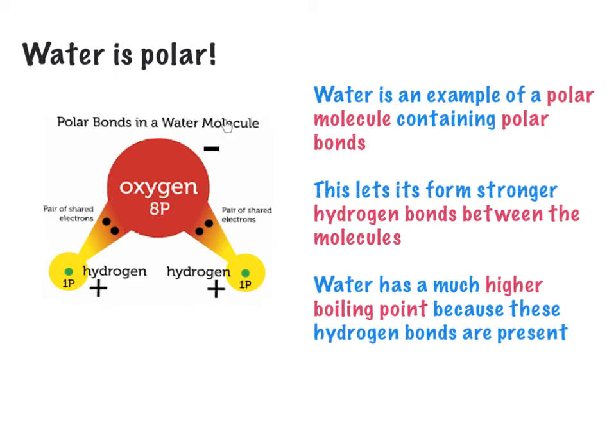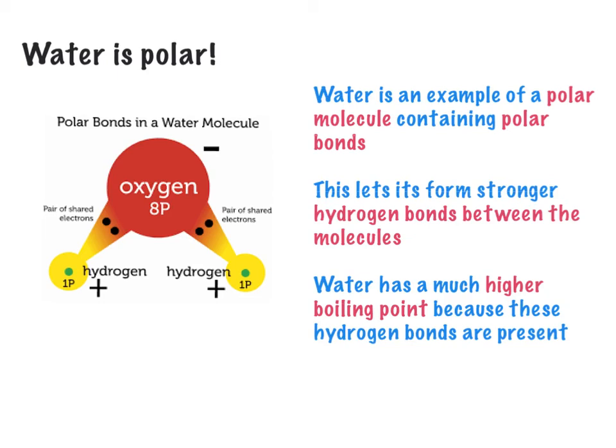So because the electrons are there more often, this would have a little bit negative side, and the hydrogen compared to it has a little bit positive side. So water has polar bonds, uneven sharing of electrons in the bonds, and the whole molecule is polar.